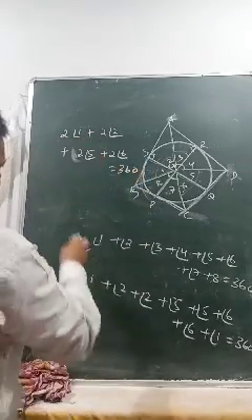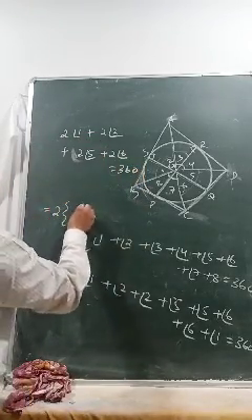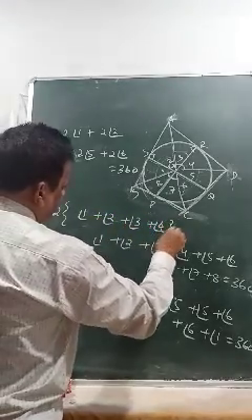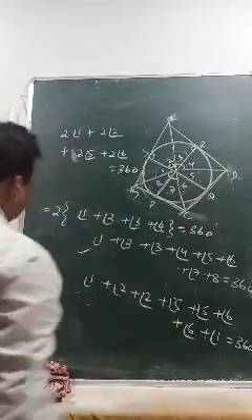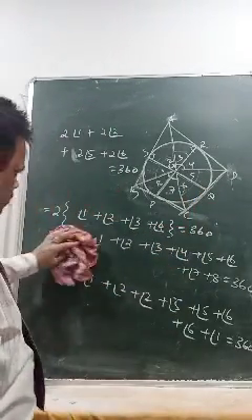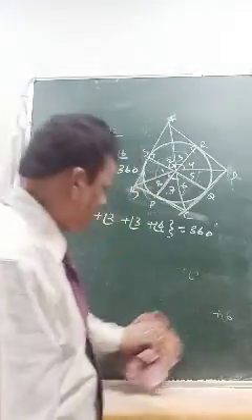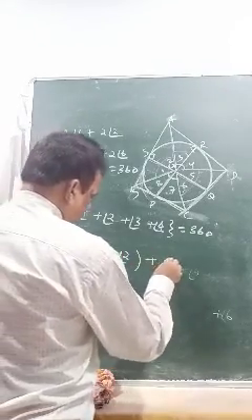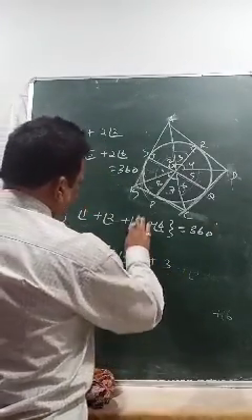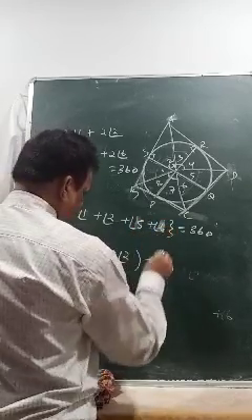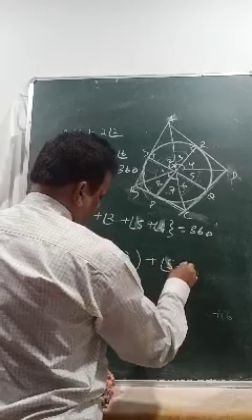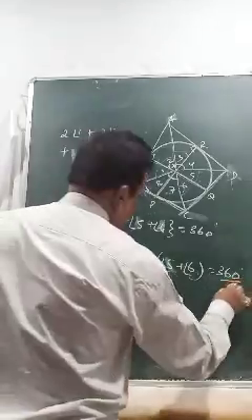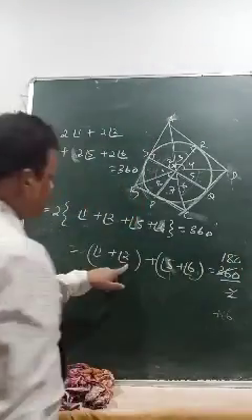So 2 is common, take out 2, angle 1 plus 2 plus 5 plus 6 equals 360. If you divide by 2, what did you get? Now 1 plus 2 together, and 5 plus 6 together, is 180. What is 1 plus 2?